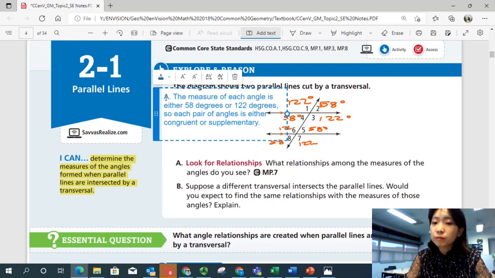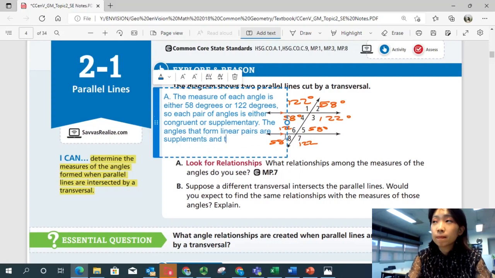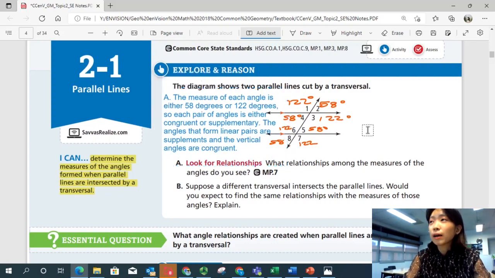What else? The angles that form linear pairs are supplements, and the vertical angles are congruent, right? Okay, that was part A.